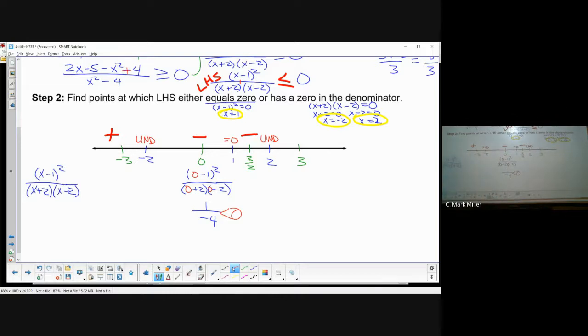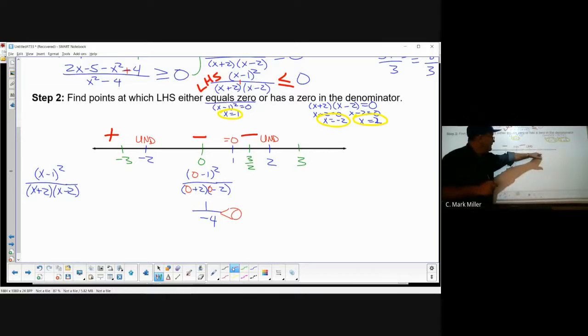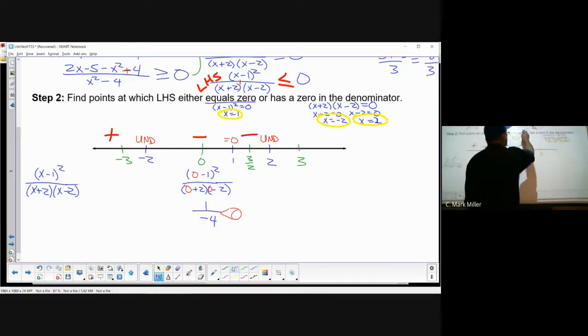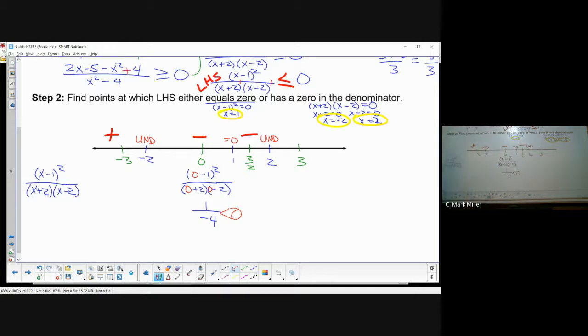And then over here, when we cross this positive 2, that positive 2 came from this x minus 2, which is to the first power. That's odd, so we expect this to change signs.